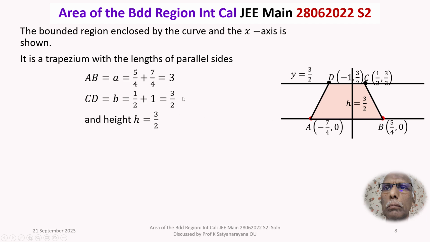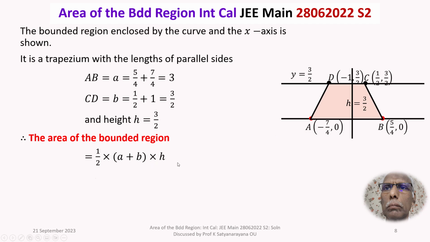And now the area of the trapezium, which is the same as the area of the bounded region, is equal to the very familiar formula, 1 by 2 into the sum of the lengths of the parallel sides, that is a plus b, into the height.